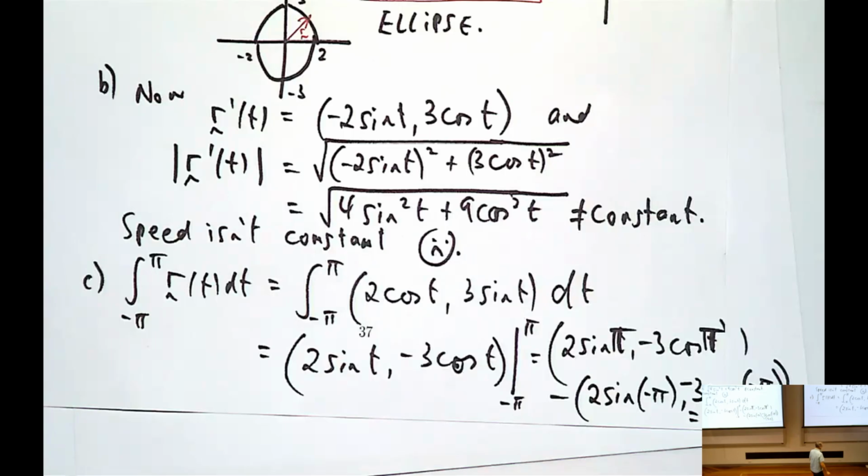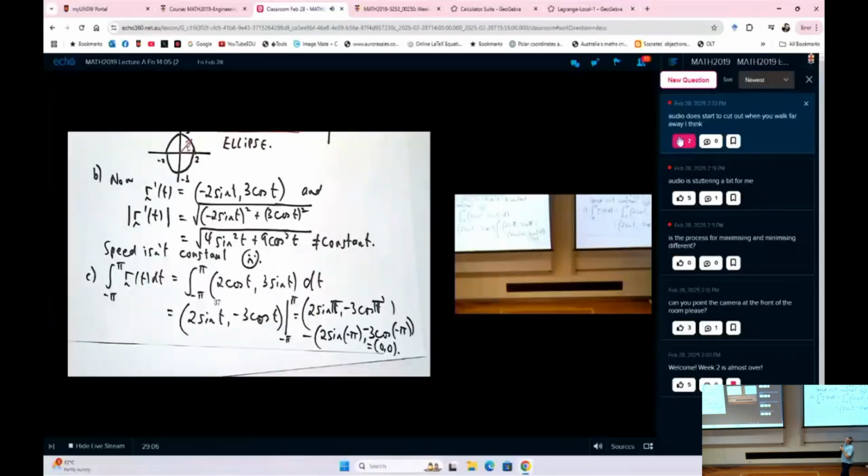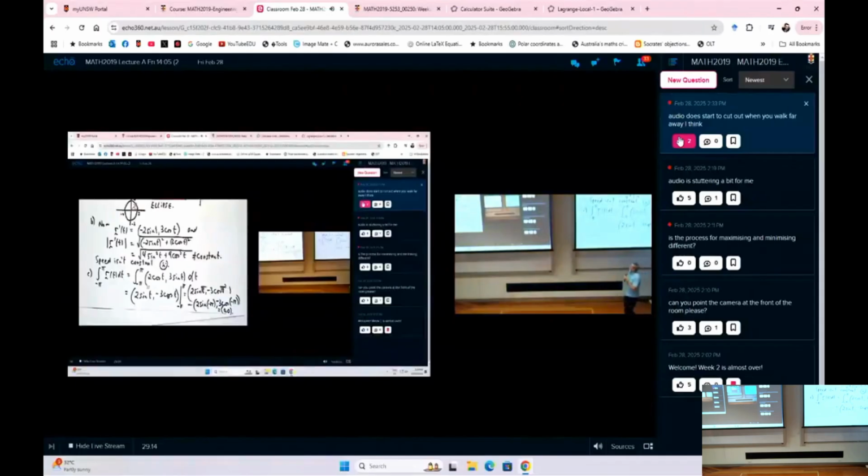Let me have a look at home, see what's happening. Yeah, I think it does. I think, sorry, I put this up for everyone at home. Audio starts to cut out when you walk further away. Does that mean everybody has to sit closer then? You know, how am I going to, I need to like have more microphones. Okay. Yeah, it sucks.